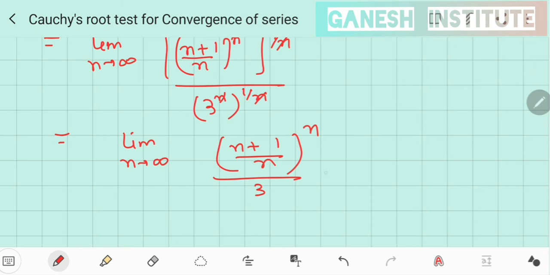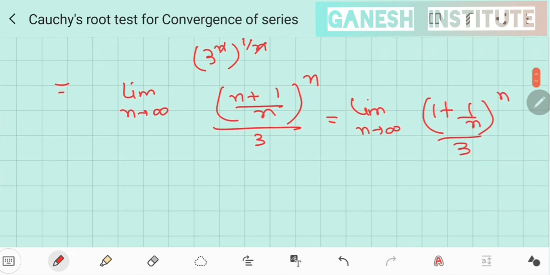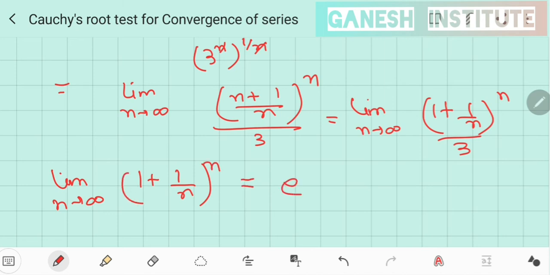Now if we distribute this, n by n will be (1 plus 1 by n) raised to power n by 3. And some of the limits you need to learn, just like sin n by n as n tends to infinity is 0. There are so many limits. Similarly, (1 plus 1 by n) raised to power n, as n tends to infinity, is e.